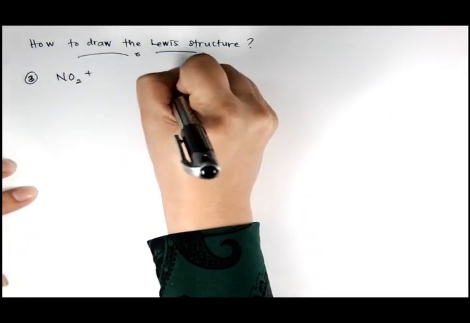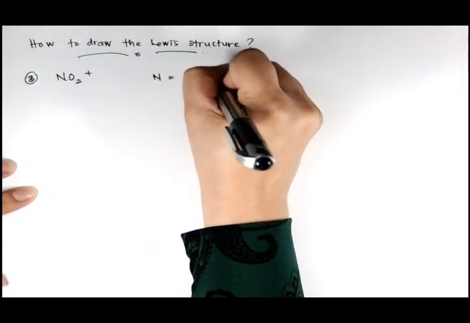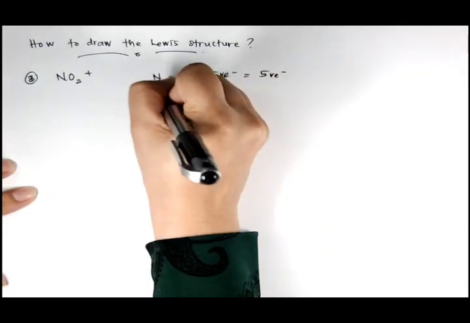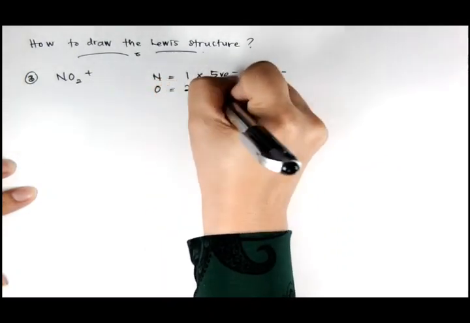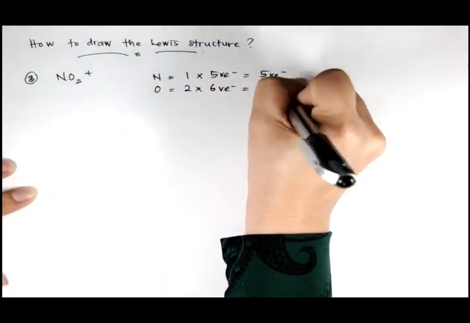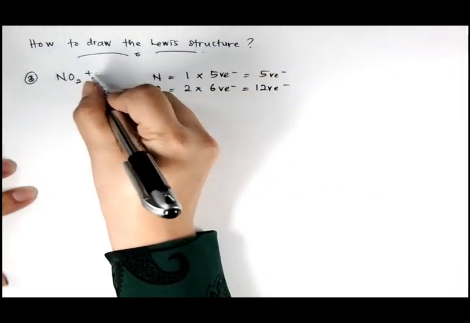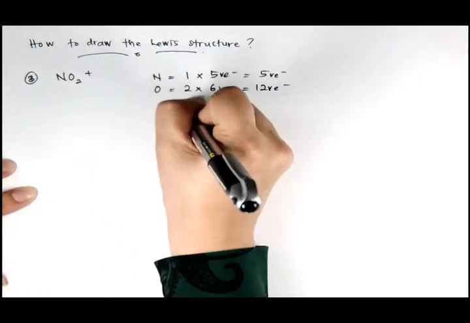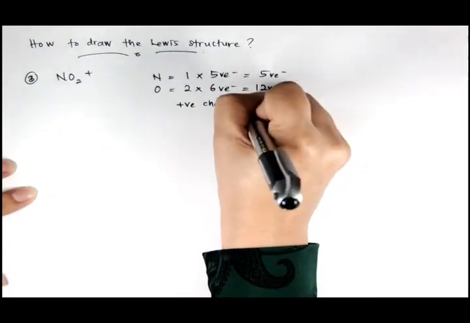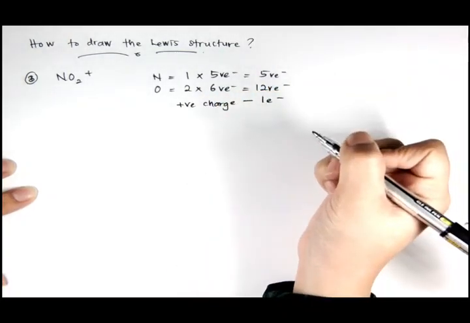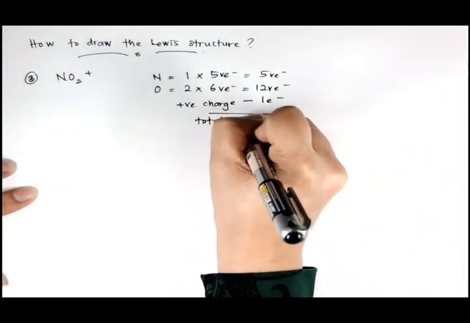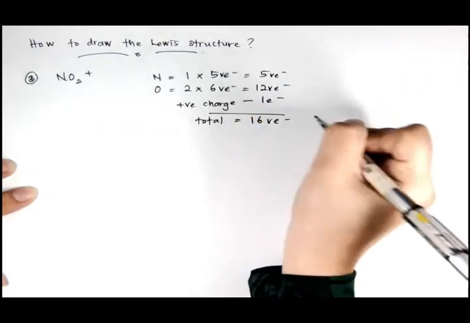So nitrogen, 1 atom times 5 valence electrons. And the oxygen, 2 atoms times 6 valence electrons. Since we have a positive charge here, we have to subtract 1 electron. So that gives the total number of valence electrons as 16.